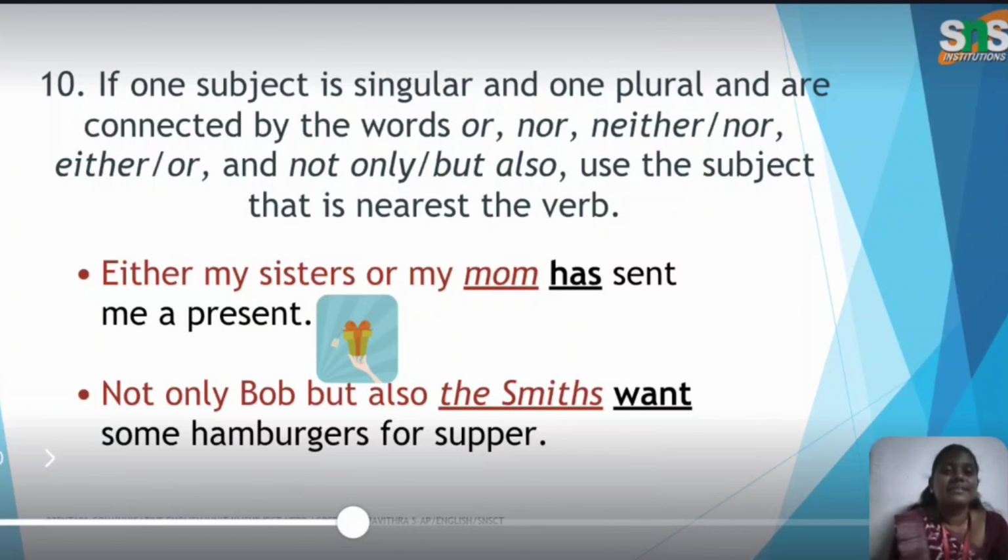Because the nearest subject to the verb is singular, so we have used has there. And not only my dad but also the Smiths want some hamburgers for supper. Here we are using want. Why? Because Smiths is a plural subject, so we have used a plural verb.